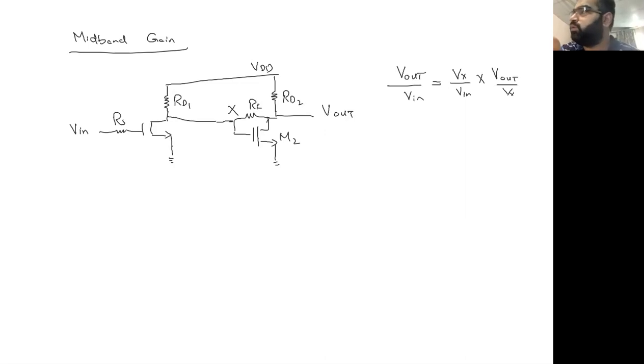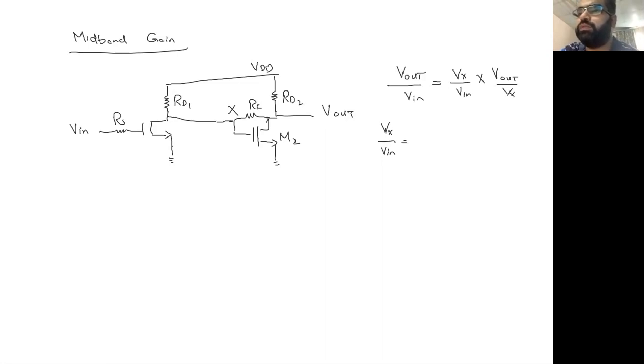Okay, so we can easily find these two. What will be our V out by V in? For that, we need to find Vx by V in. So all of us know it's simple.